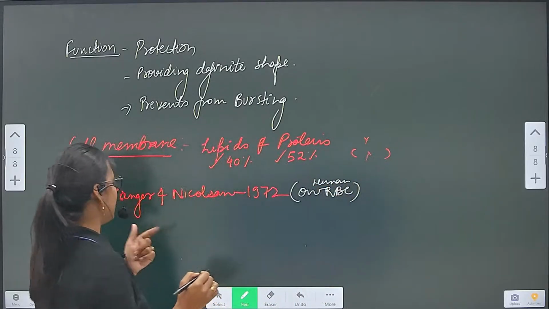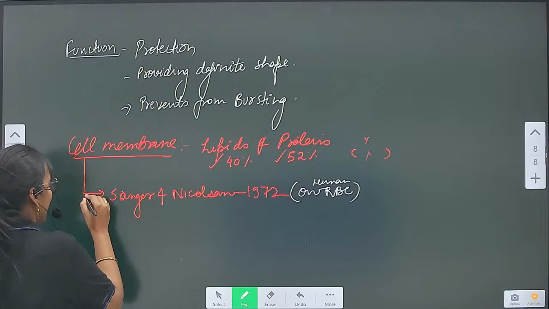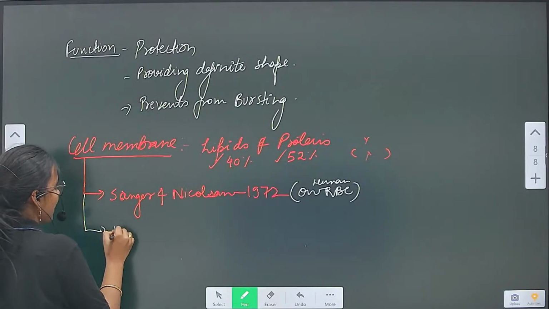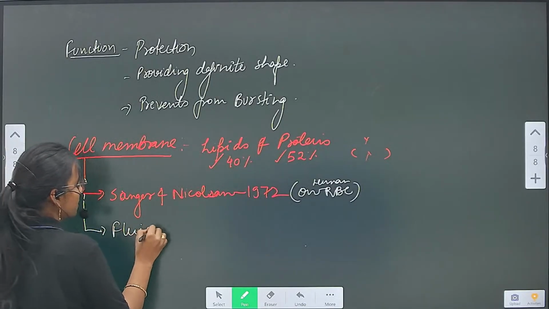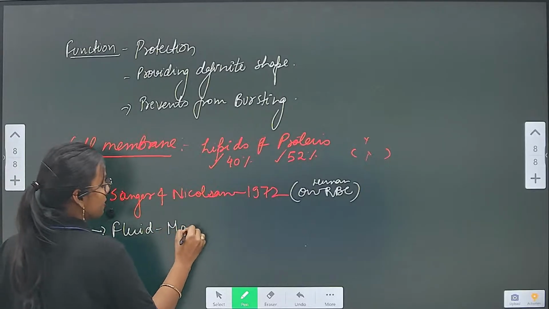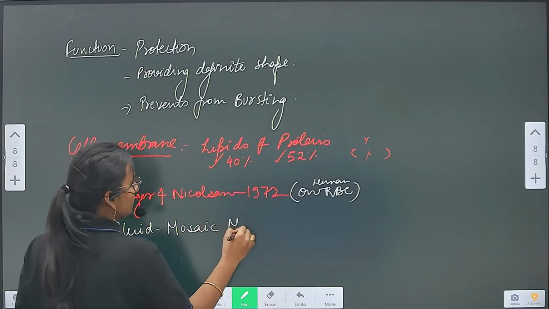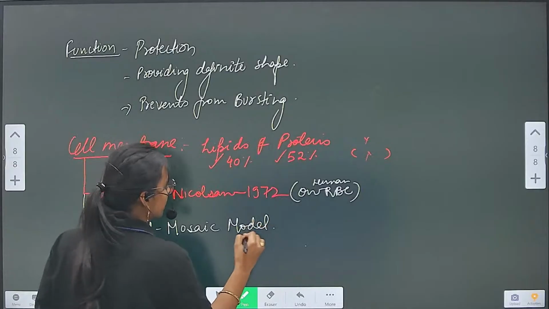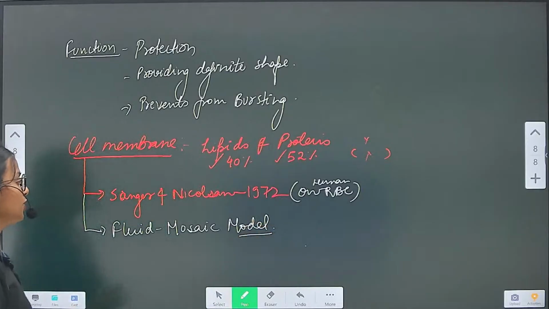Singer and Nicholson gave the structure and that model was called the fluid mosaic model. Is that clear?